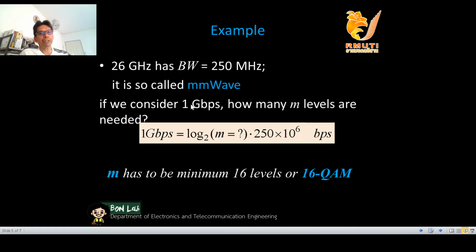So that means if we consider 1 gigabit per second, the M we need is about minimum 16 levels or 16 QAM. And don't forget, this is the maximum that we can achieve if they use a coding to minimize the error.